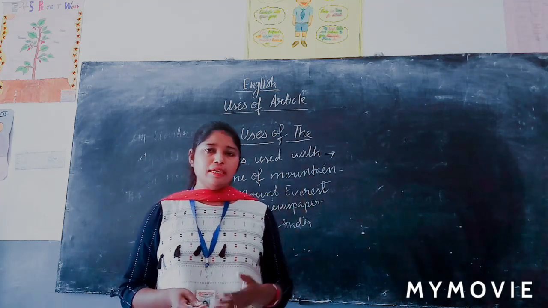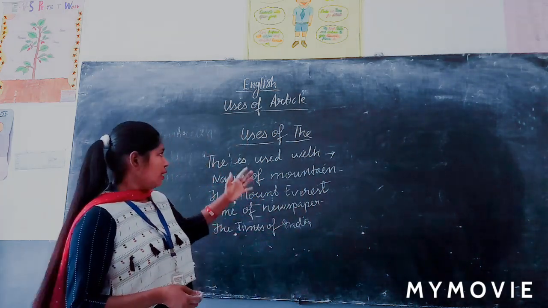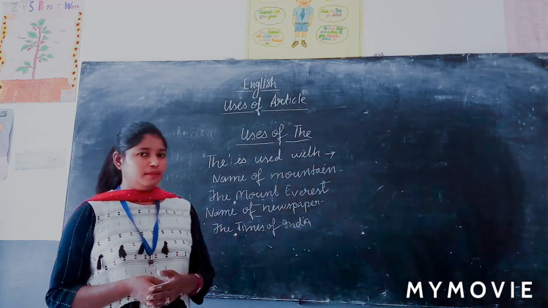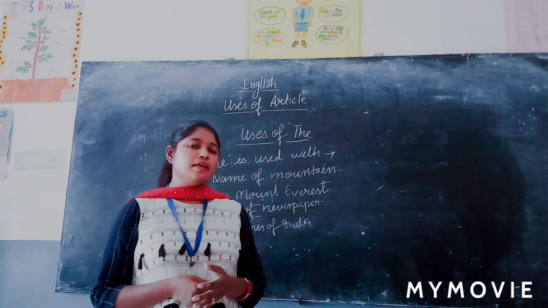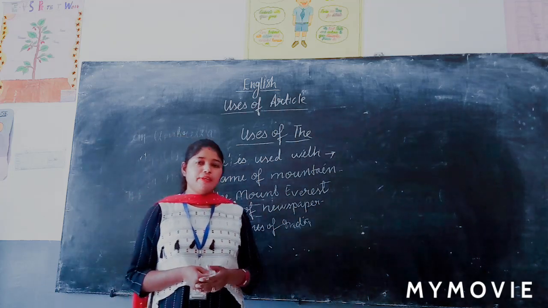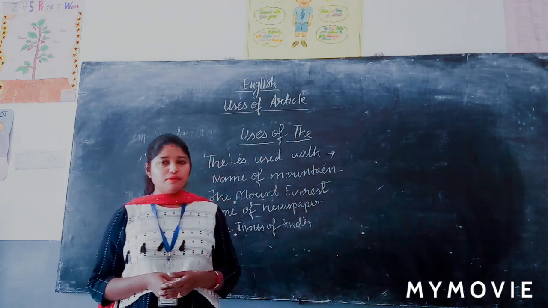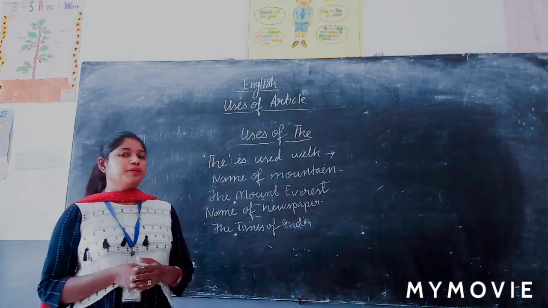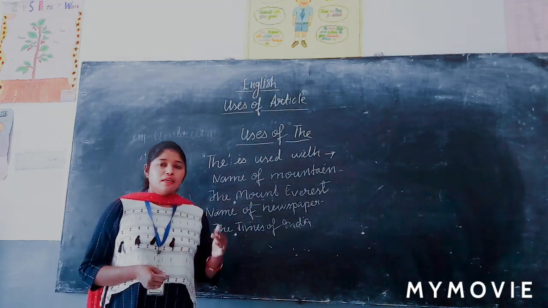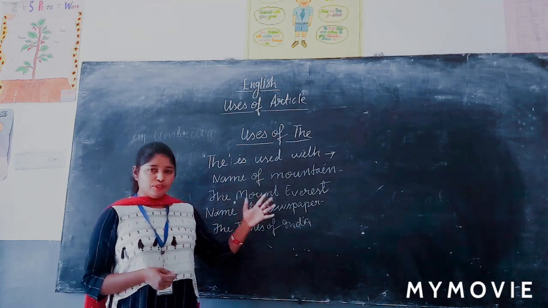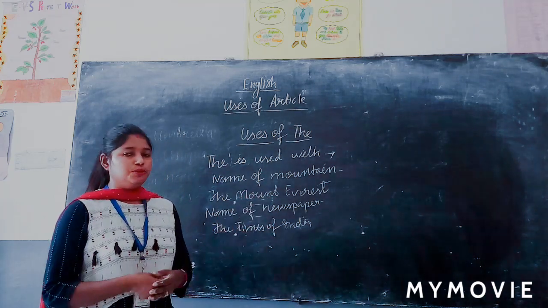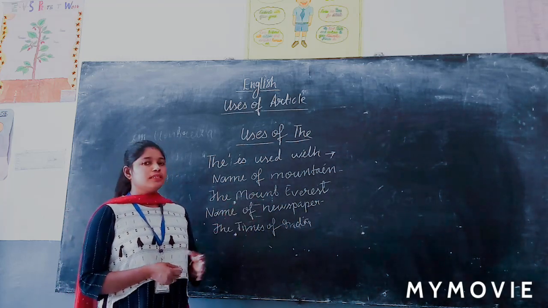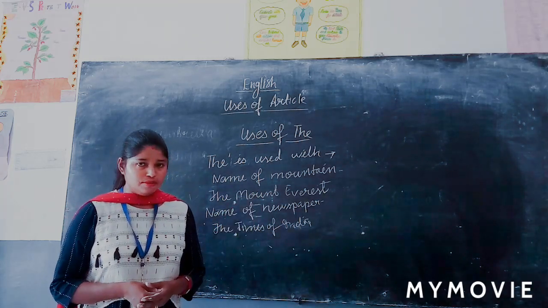So let us summarize it. There are three articles: a, an, and the. A and an are indefinite articles and the is the definite article. A is used with consonant sounds and an is used with vowel sounds.